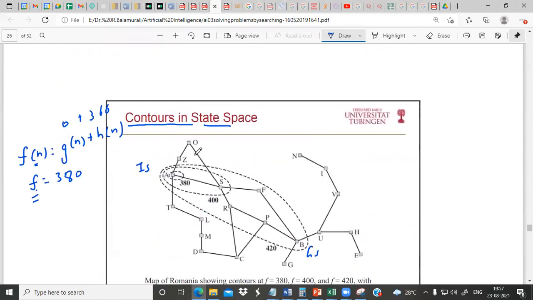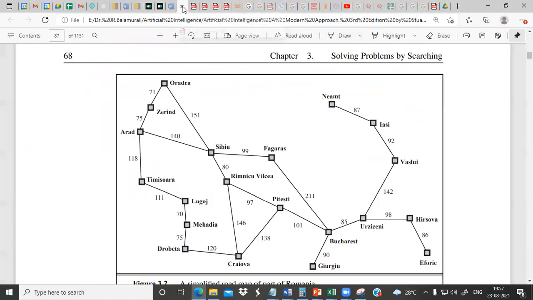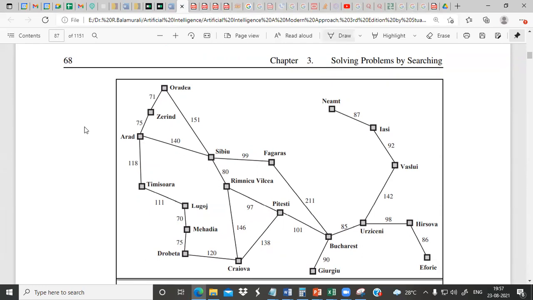Let us go through some other nodes. Let us take Zerind and calculate the F value. F is equal to G plus H. G is the cost of reaching it from the initial state, that is 75.